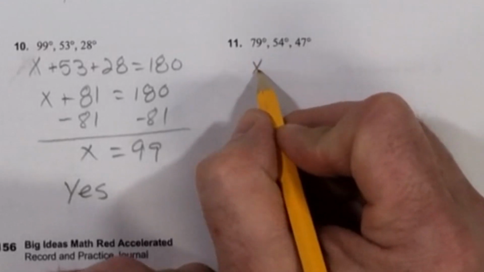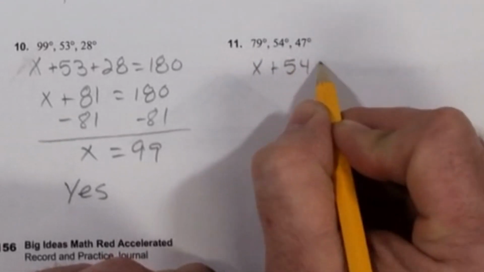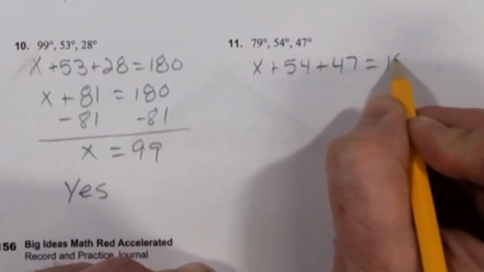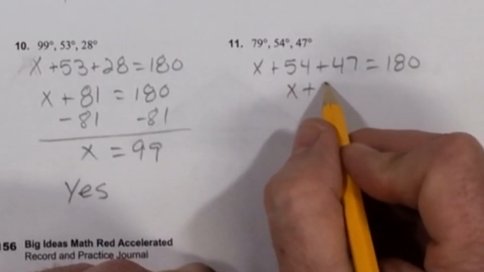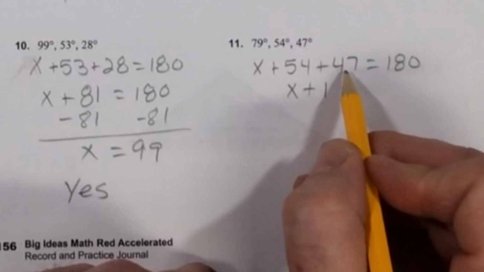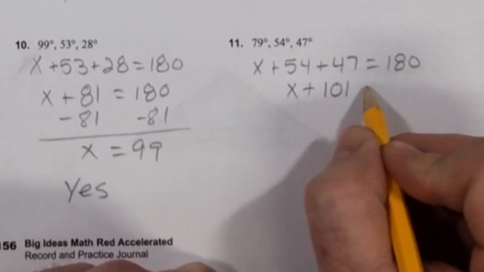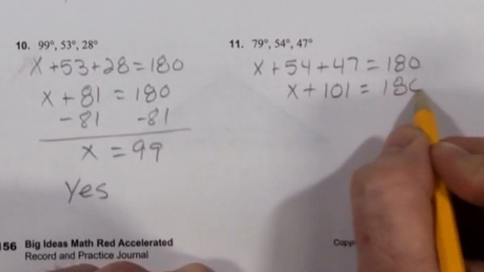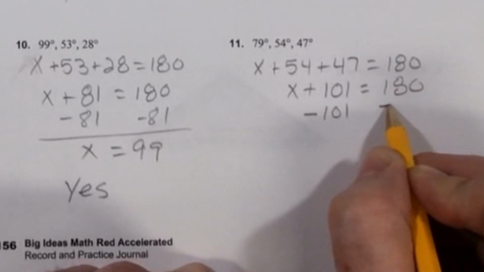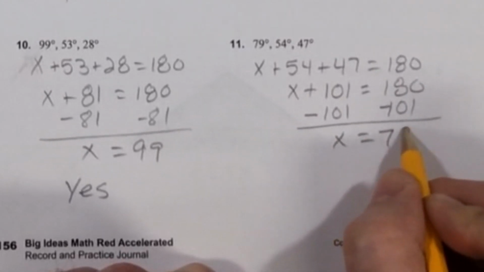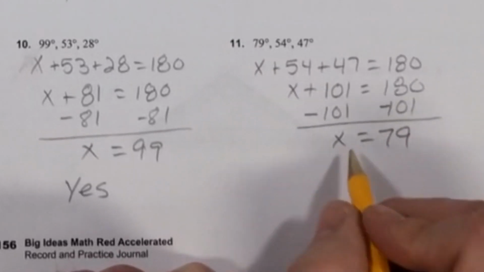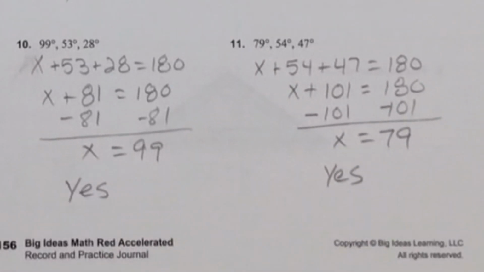Last one, x plus 54 plus 47 equals 180. x plus 101 equals 180. Subtract 101, subtract 101. x equals 79. Yes, that is a triangle.